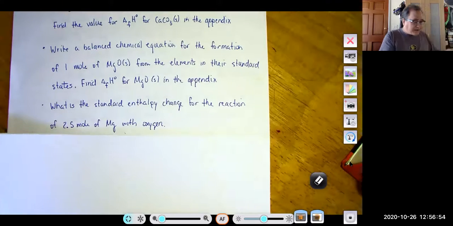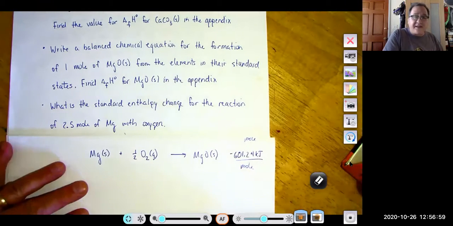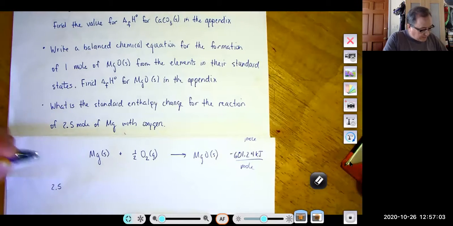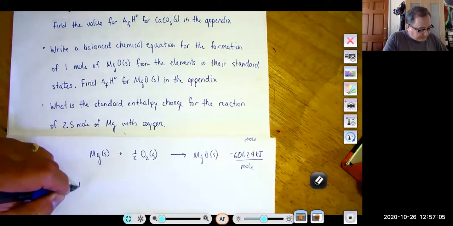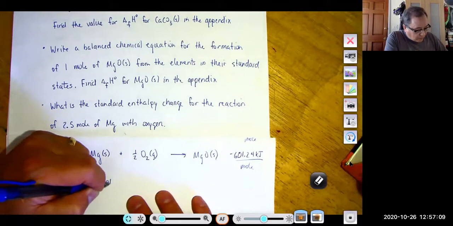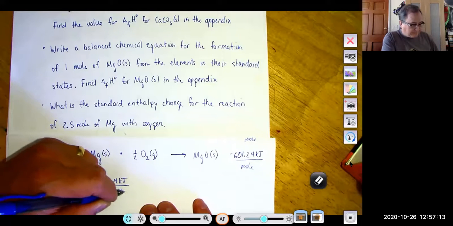What is the standard enthalpy change for the reaction of 2.5 moles of magnesium with oxygen? So here we just write 2.5 mole of magnesium times negative 601.4 kilojoules per mole of magnesium.